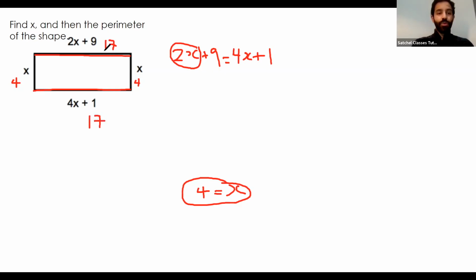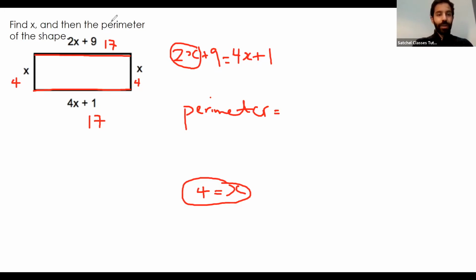So the fact that the two sides are of equal length, once we've substituted x into the expressions, we know we've done our workings in the correct way. So 17 plus 17 is 34, plus another 4 is 38, plus another 4 is 42. So we can say the perimeter is equal to 42.